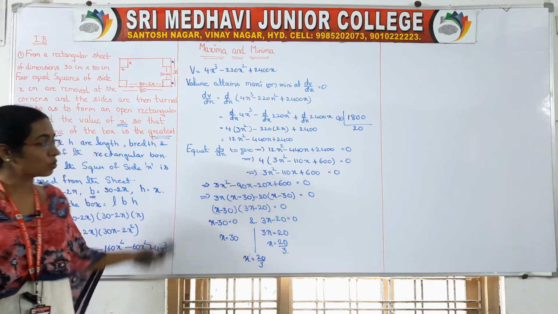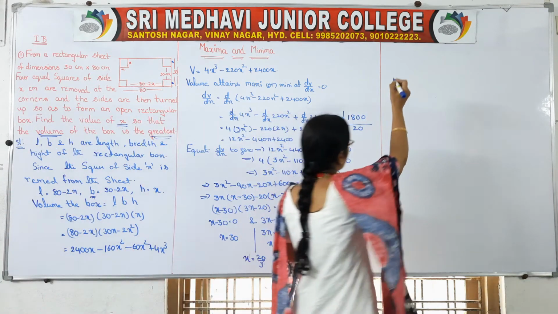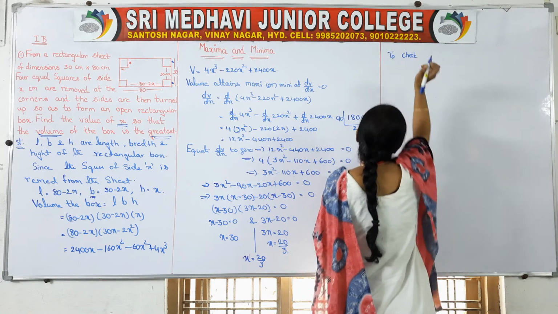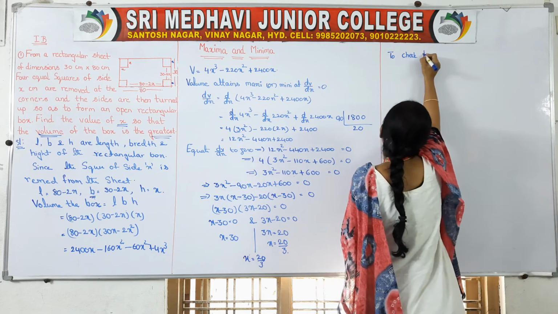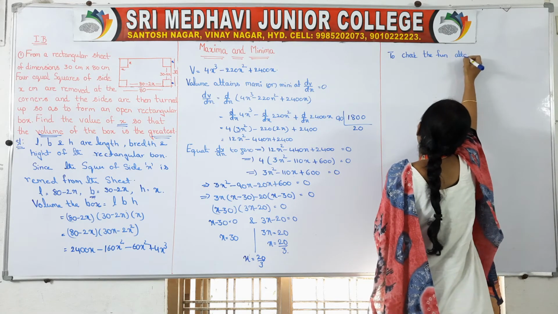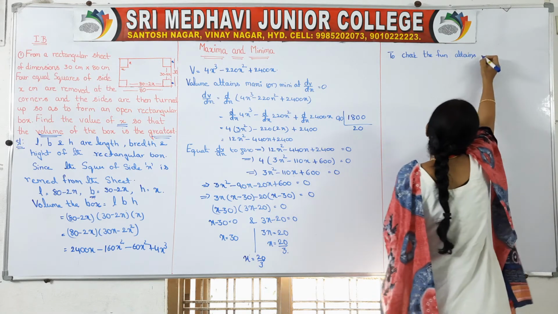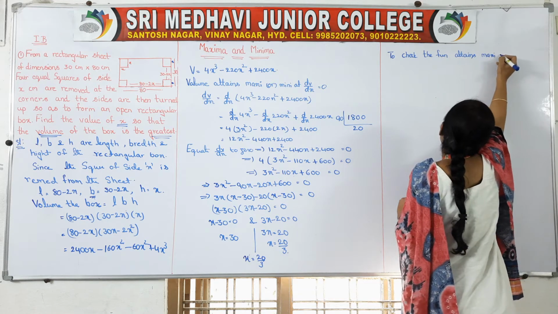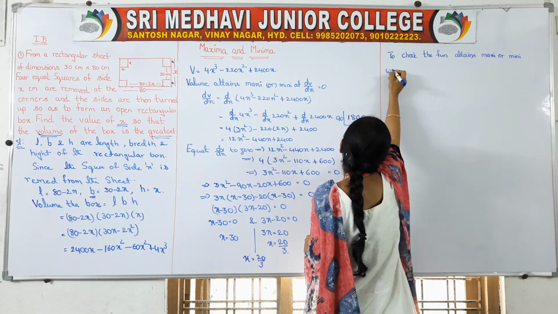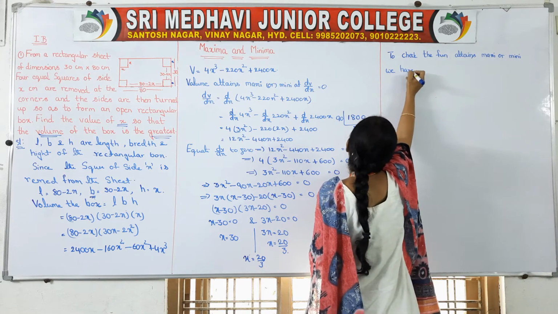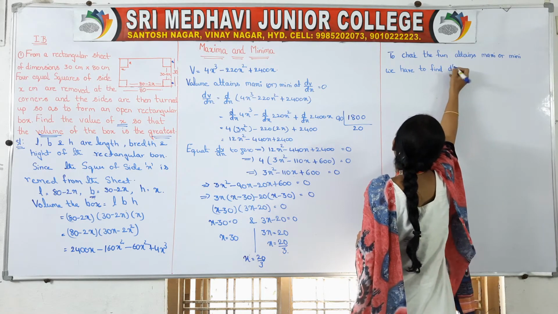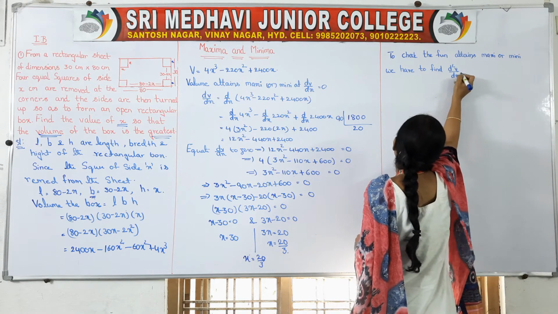To check whether the function attains a maximum or minimum, we have to find the value of d square V by dx square.